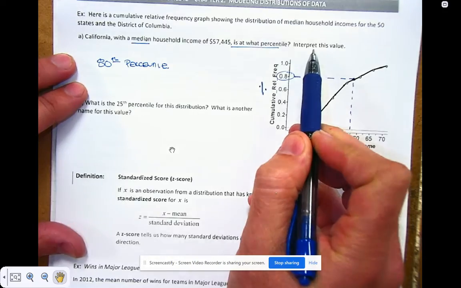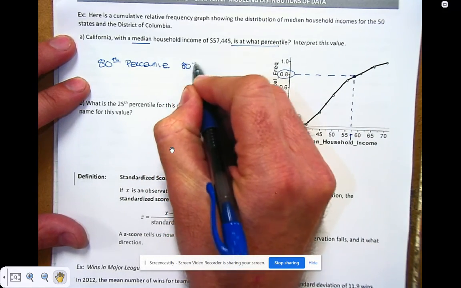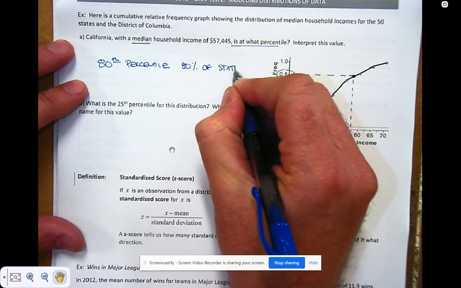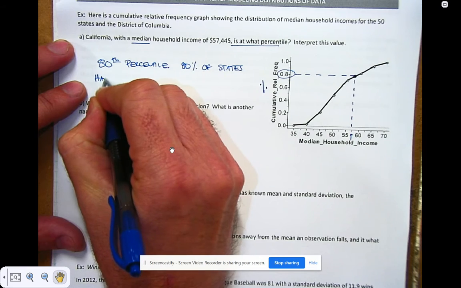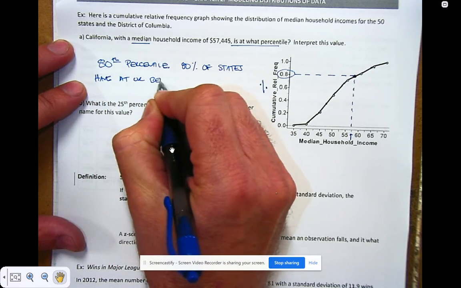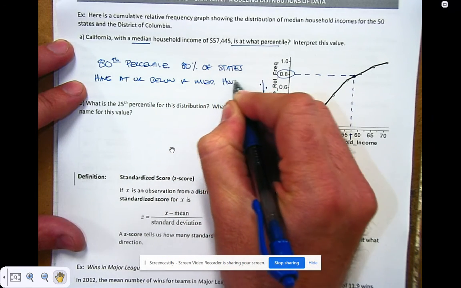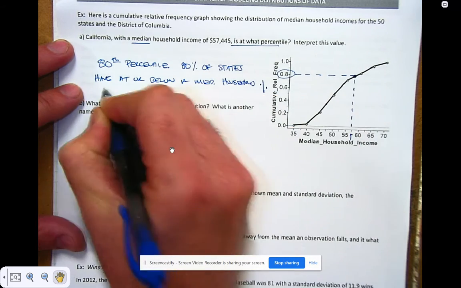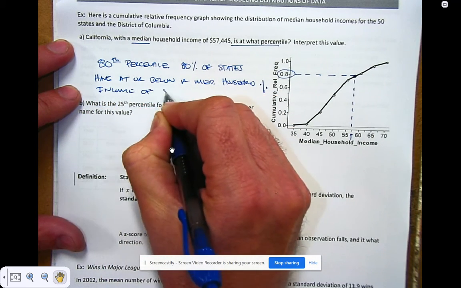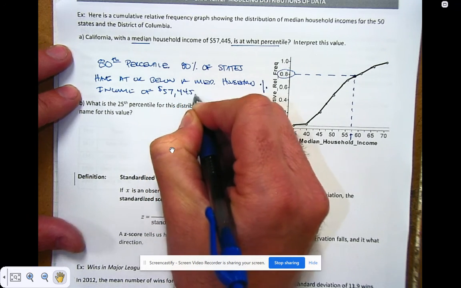And what does that mean? Interpret the value. So you would say 80% of states have at or below a median household income of $57,445.